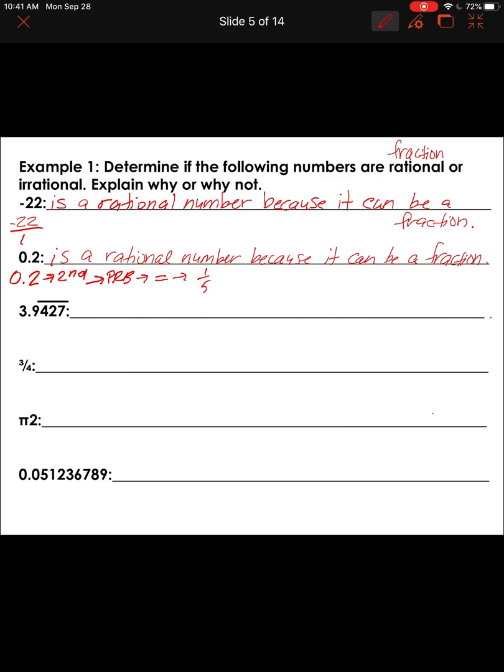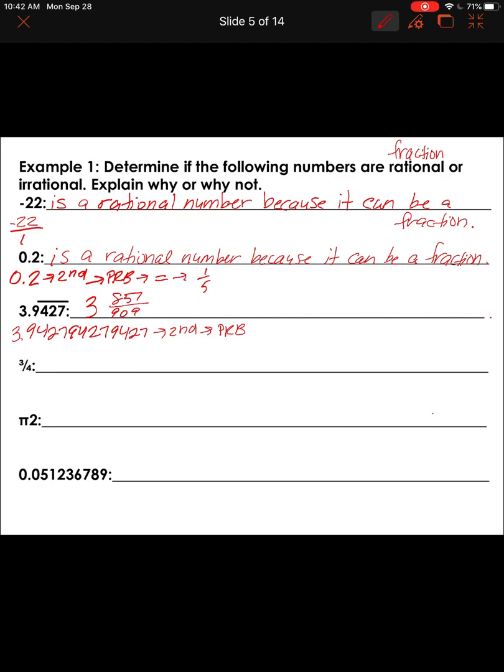Okay? So then we have 3.9427. So we're going to put that in the calculator, 3.9427, 9427, 9427. We're going to hit second PRB and see if that turns into a fraction. And it does.